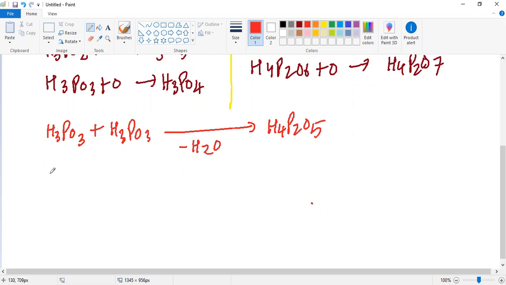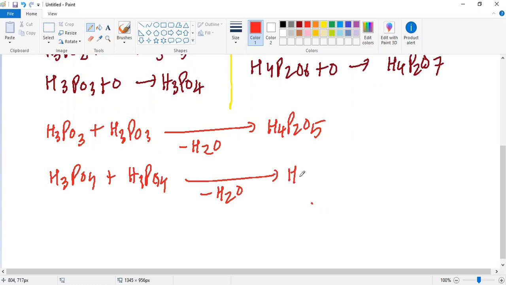Then if you have H3PO4 plus H3PO4, and by the loss of a water molecule, we may get H4P2O7. So this is how, my dear students, we get the various acids.